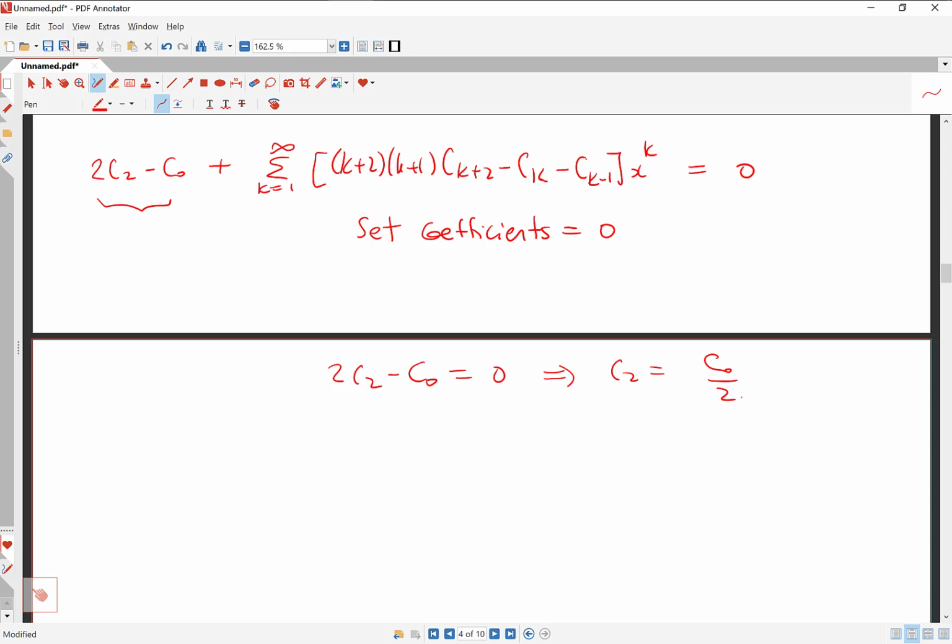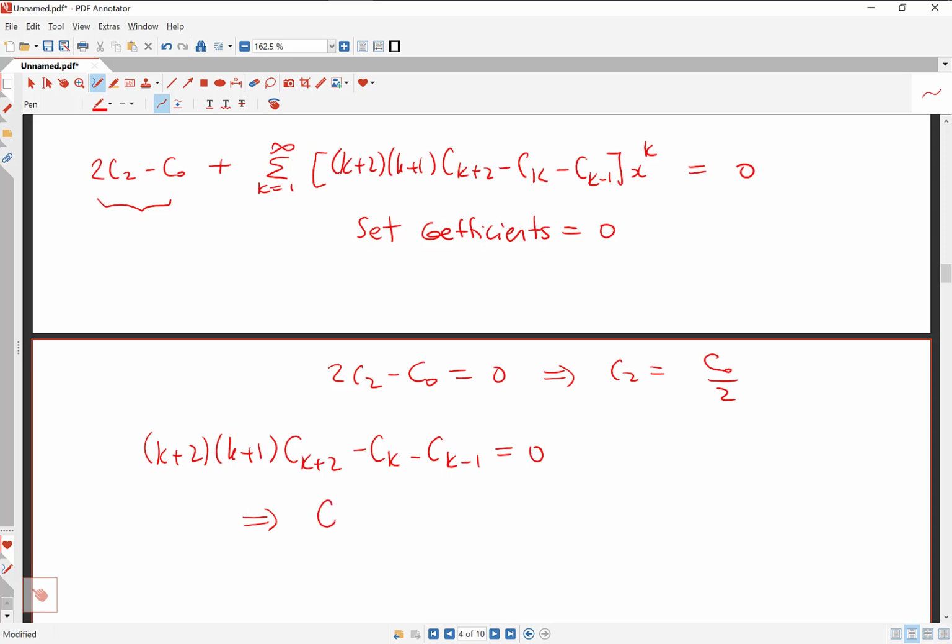Okay, now let's look at the coefficient that we've got inside the square brackets. That's also going to have to equal 0. So k plus 2 times k plus 1, c sub k plus 2, minus c sub k, minus c sub k minus 1, that stuff there has to equal 0. And the plan for this is that you always want to solve for the coefficient with the highest index, or the largest index.